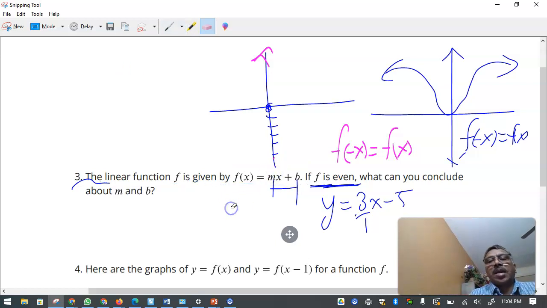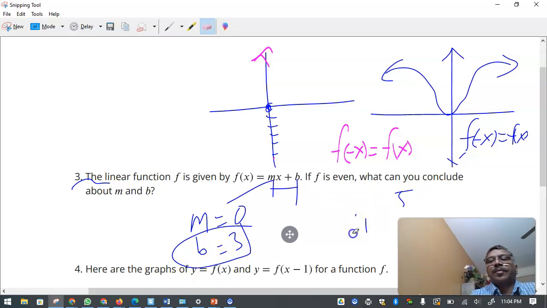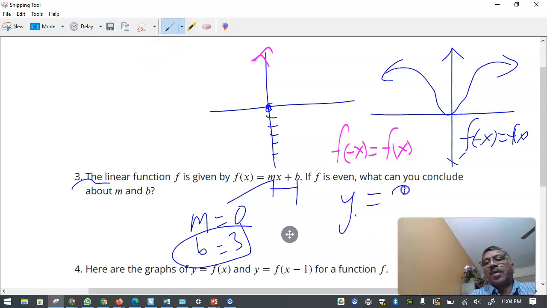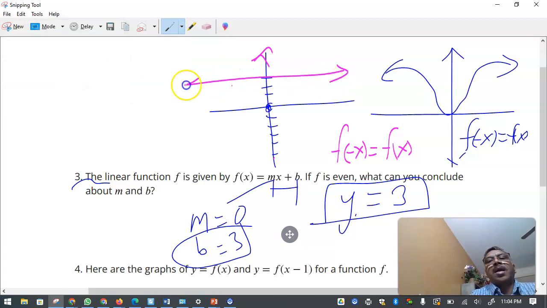So m has to be 0, and b could be anything. Let's see why. Your equation becomes y equals 3, so no slope. That means I can draw a line at 1, 2, or 3, and if you reflect this over the y-axis, you get back the same line.